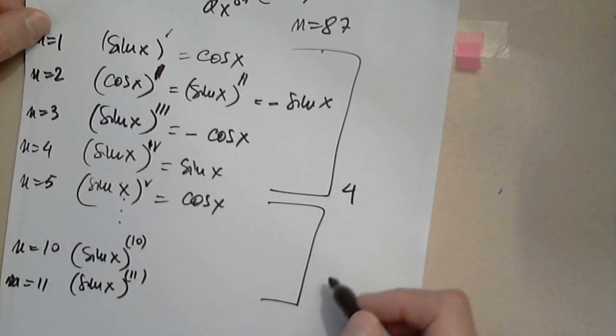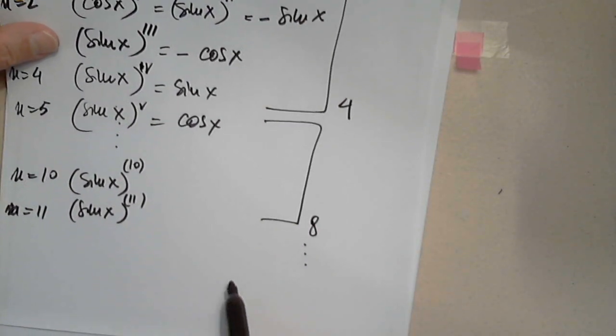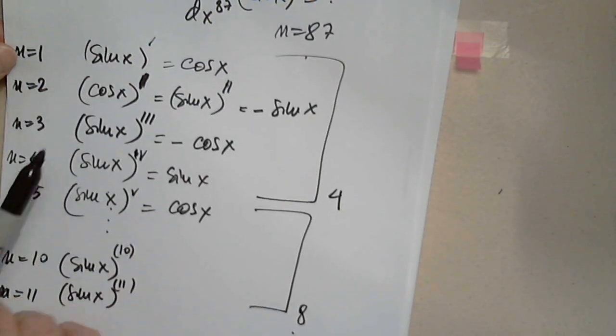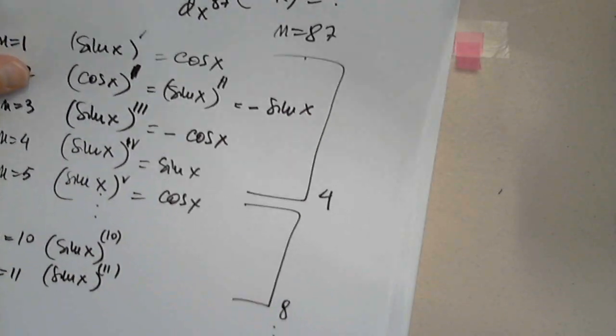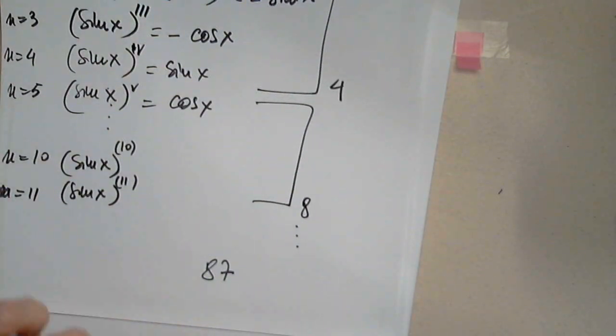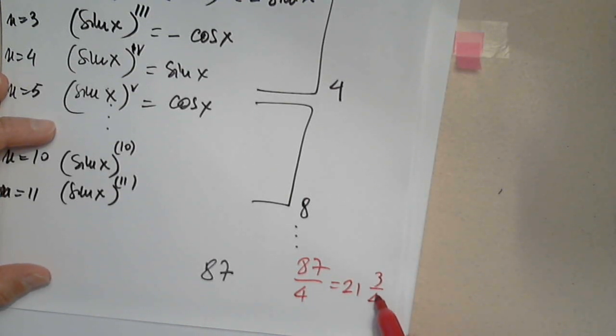So if this is 4 and the next one is 8, now we are interested in seeing which one is 87. Is it the first, the second, the third, or the fourth? It must be one of these. So if we divide 87 by 4, what do we get? 87 divided by 4, I got 21, correct? It's 21 and 3/4.